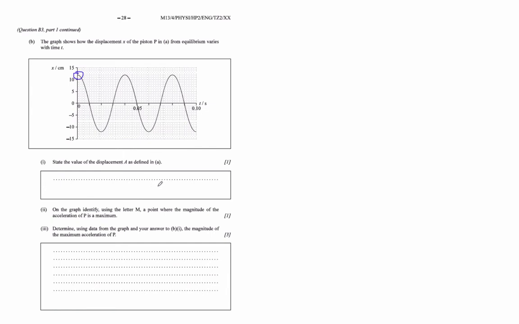On the graph, use the letter m to mark a point where the magnitude of the acceleration is a maximum. Well, the acceleration is opposite of omega squared x, right? So wherever x is a maximum, this is a maximum. So there it's a maximum, any maxima or minima in this case. They say maximum though. Do you suppose they discriminate between this and this?